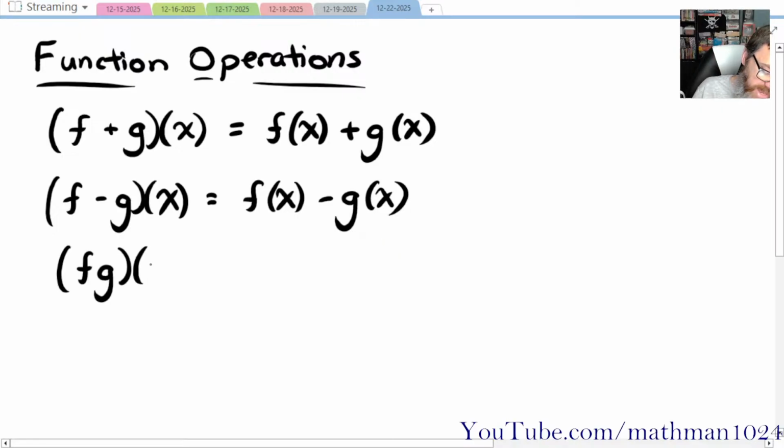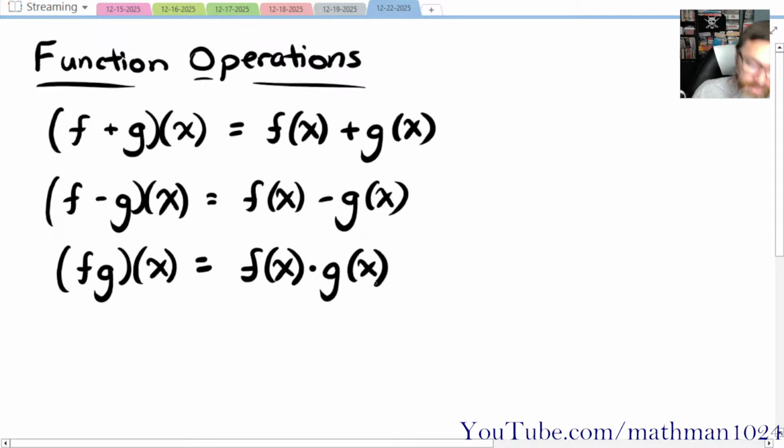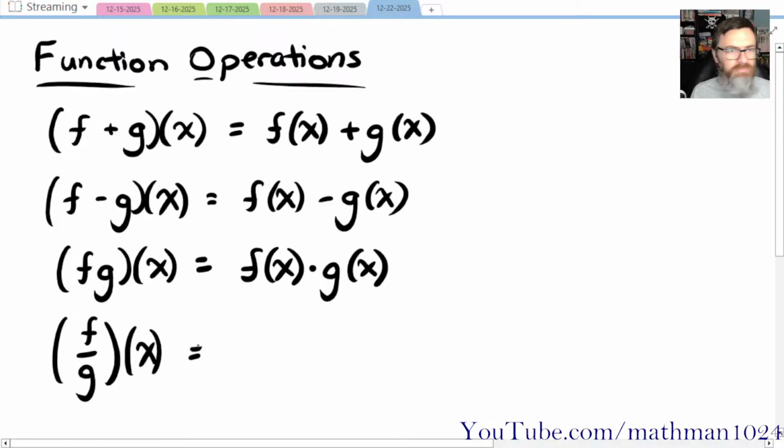If I have f, g right next to each other, this is how we would represent that we're doing multiplication with our two functions. So this means f of x times g of x. Again, intuition should take over. If I have f over g of x, I bet you can figure this one out.